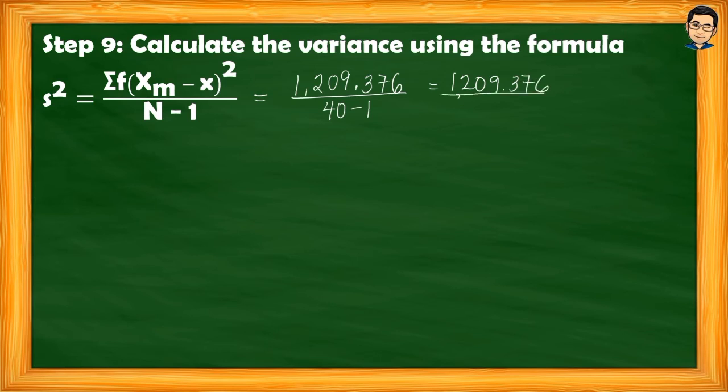So, divide natin yan sa 39. So, 40 minus 1 is 39. So, yung makukuha nating quotient is 31.01. Okay, approximately equal to 31.01.